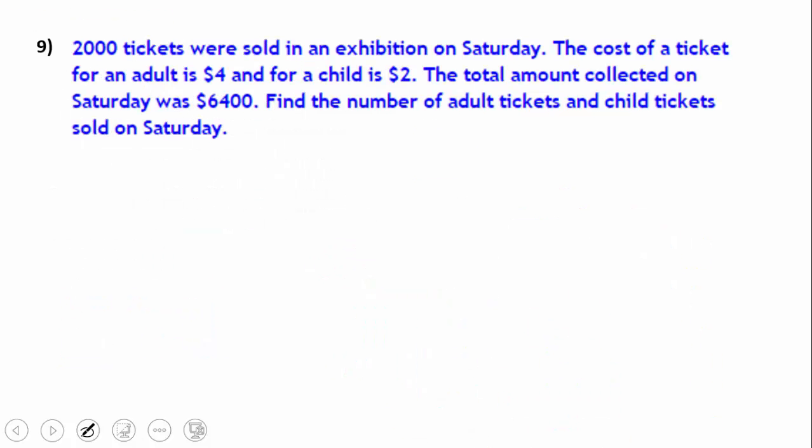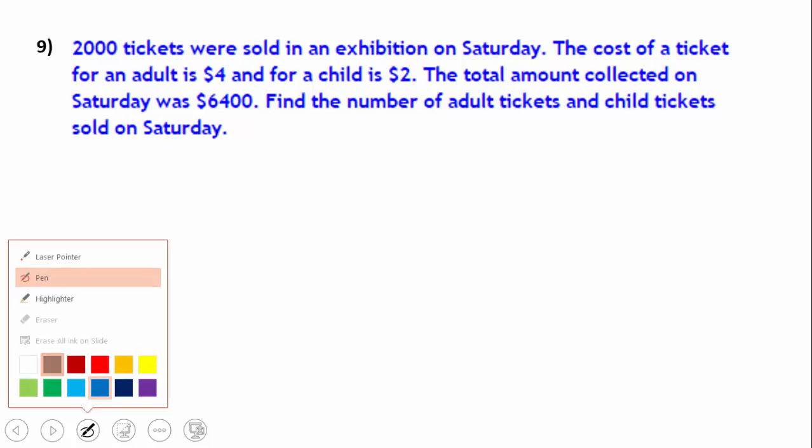Going on to our next example, 2,000 tickets were sold in an exhibition on Saturday. The cost of a ticket for an adult is $4 and for a child is $2. The total amount collected on Saturday was $6,400. Find the number of adult tickets and child tickets sold on Saturday.